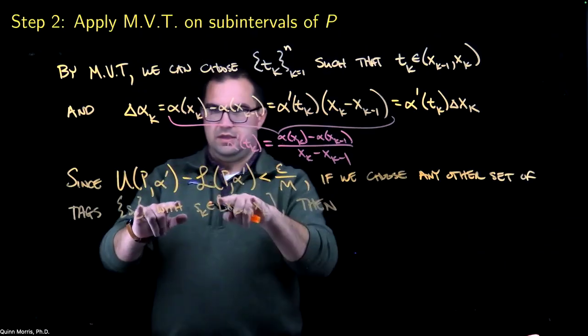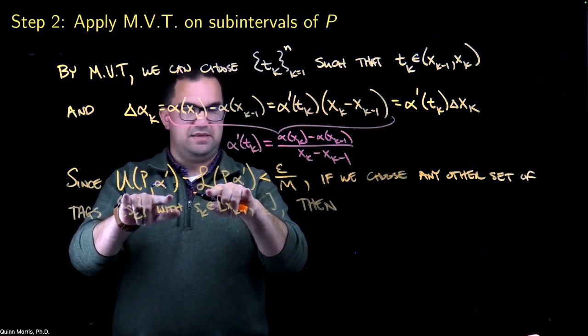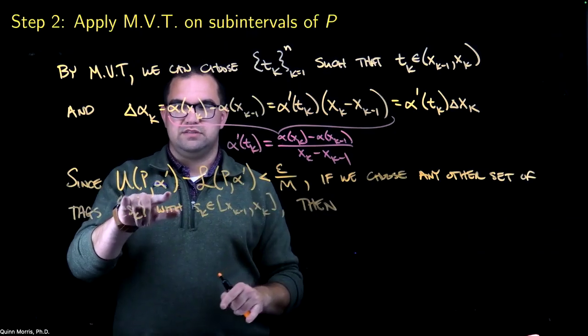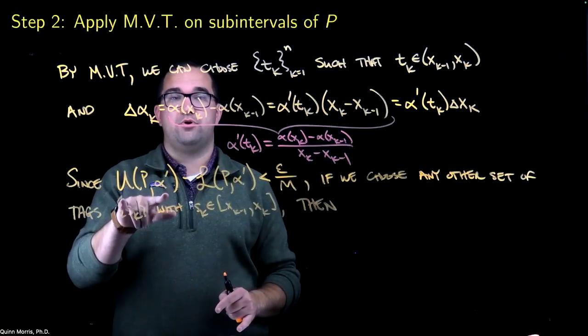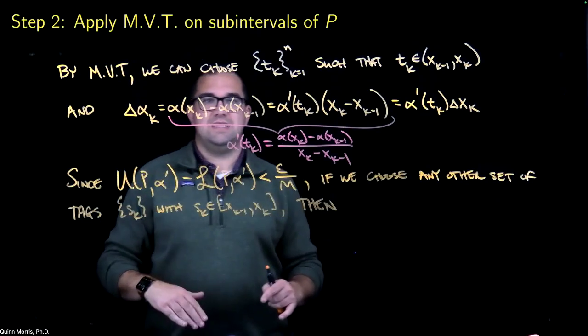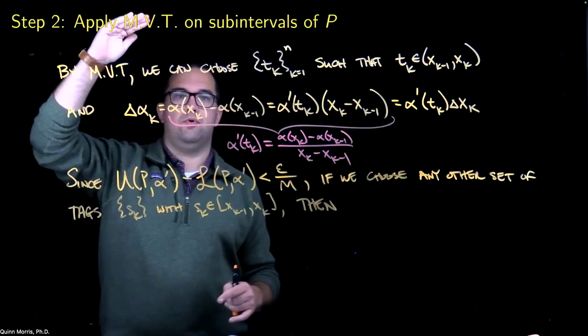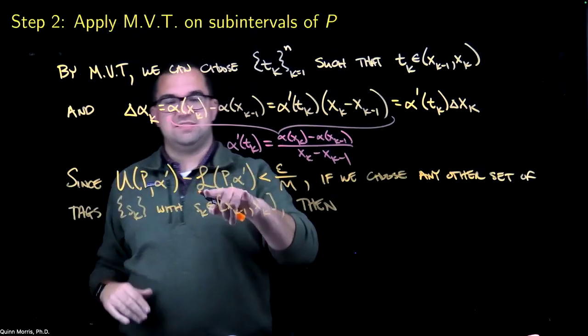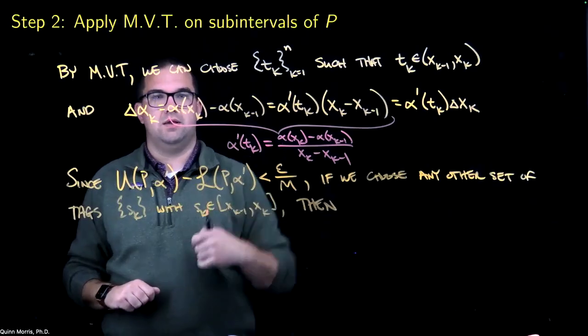well, if I look at this piece here, this is the difference. One way to think about your upper Darboux sum is that it's the largest possible Riemann sum, and this is the smallest possible Riemann sum.